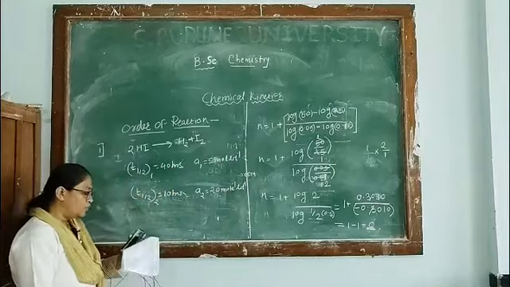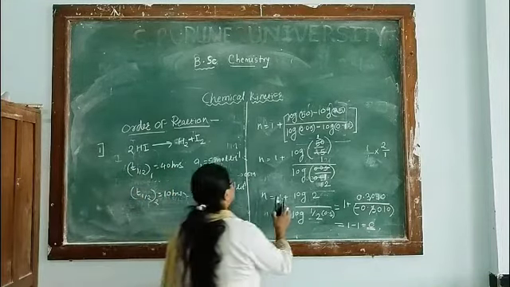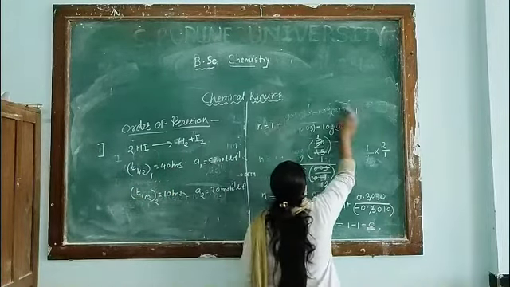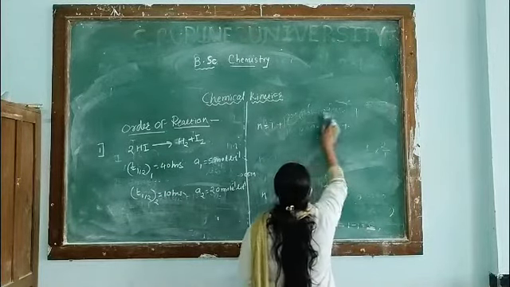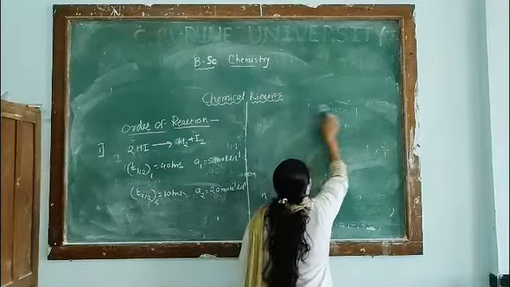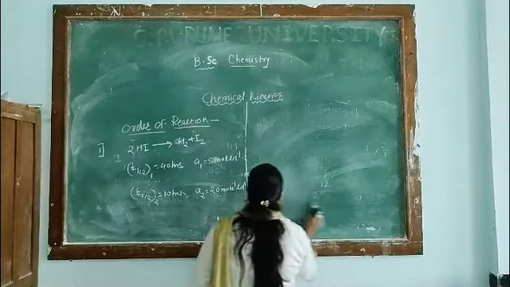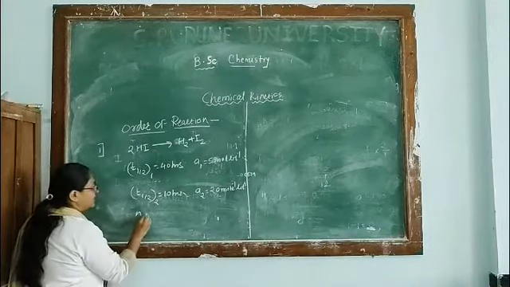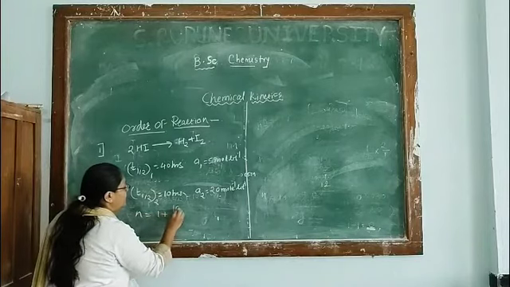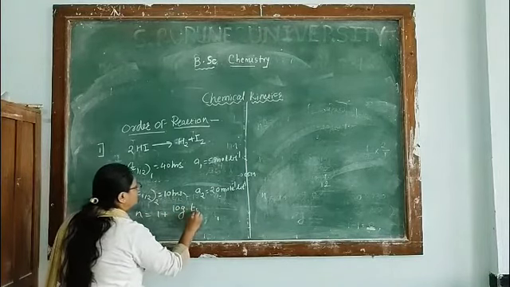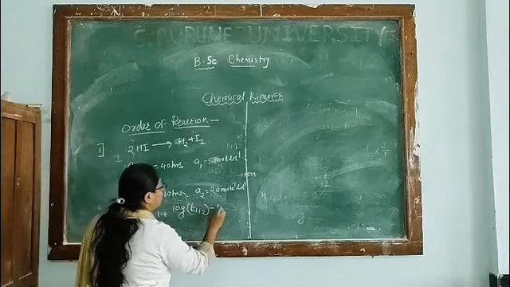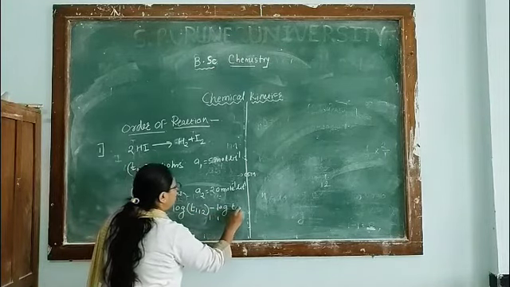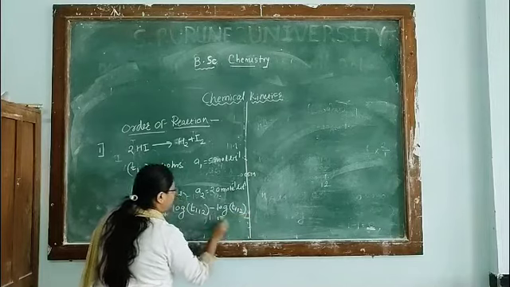So these are the values we have been given, and we are asked to calculate the order of the reaction here. So let's first write the formula and then we will substitute the values. Let's write the formula here. 1 plus log of t half 1 minus log of t half 2.